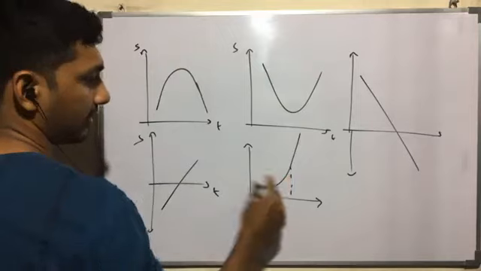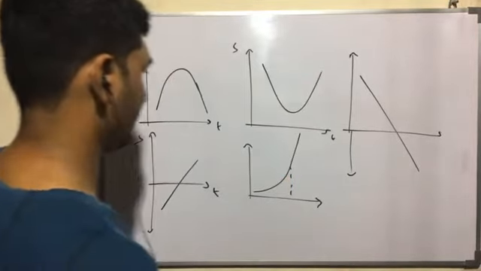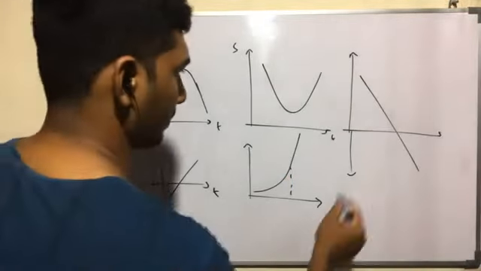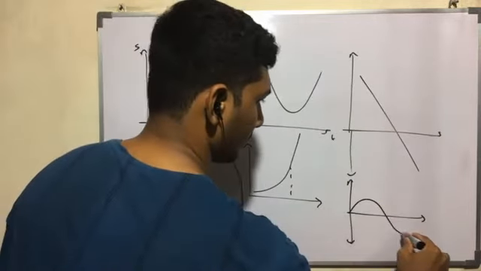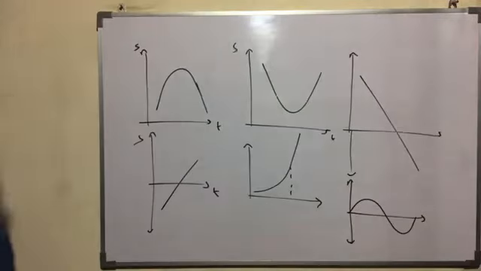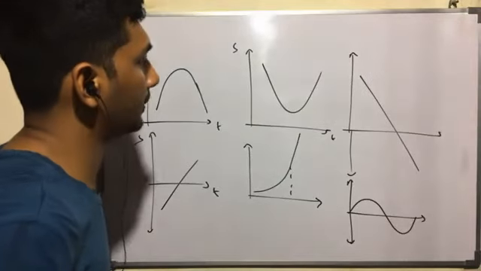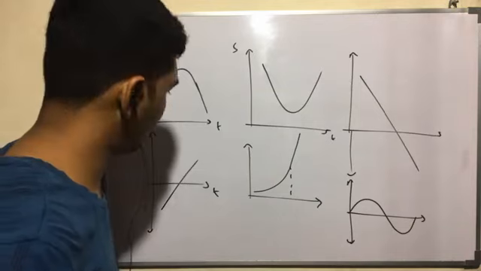This is a straight line, this is a curve. What else is there?